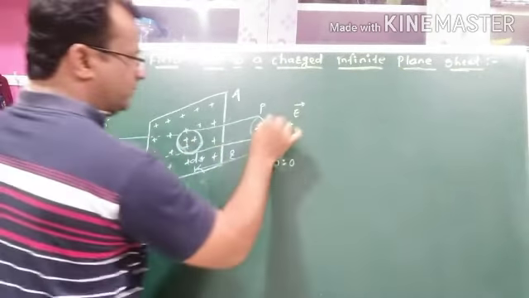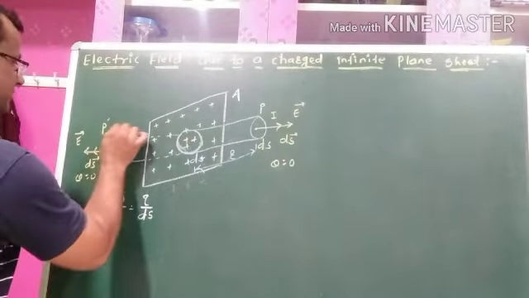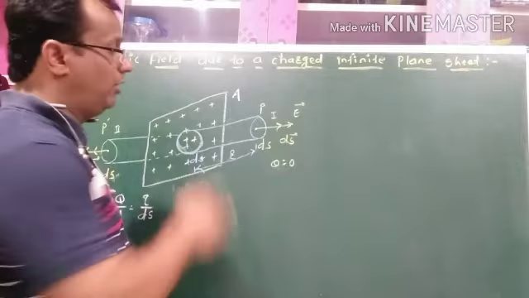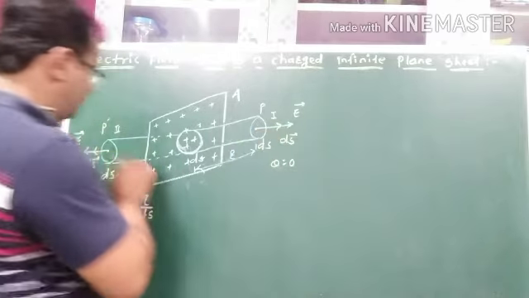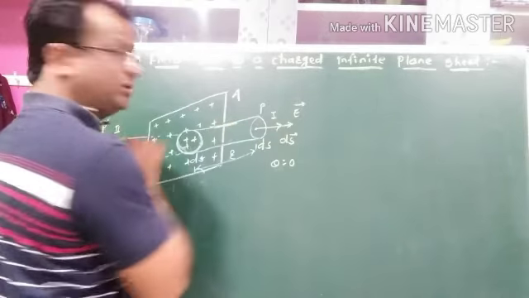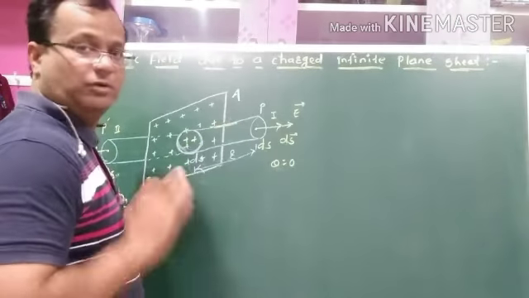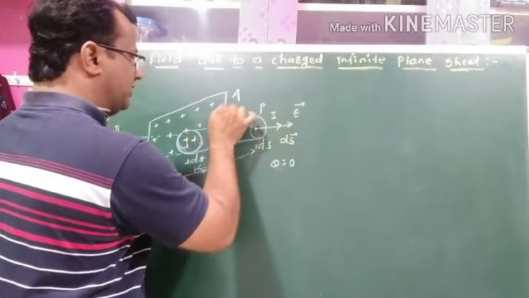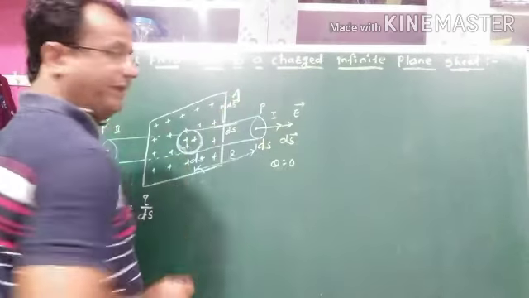Suppose if we consider this to be the first surface of this Gaussian cylinder, this will be the second surface of the Gaussian cylinder, and now we want to take the third area of the Gaussian cylinder. Here we get the three surfaces. This will be the first surface, this will be the second surface, and this curved one. Right, this is the curved surface, which is also one of the surfaces of that Gaussian cylinder. Suppose again we consider that area is ds, then this one represents the direction of the area vector.